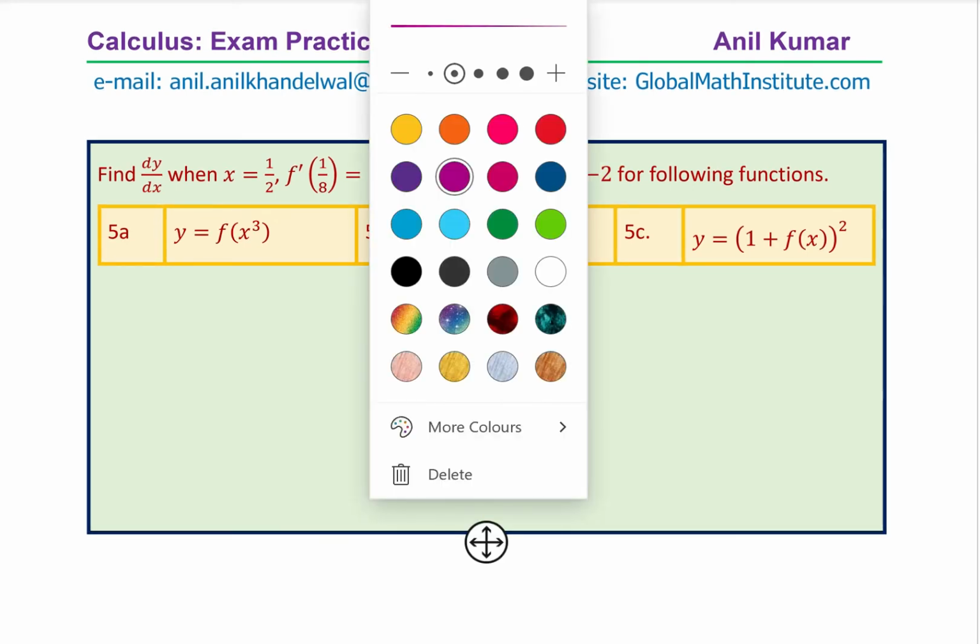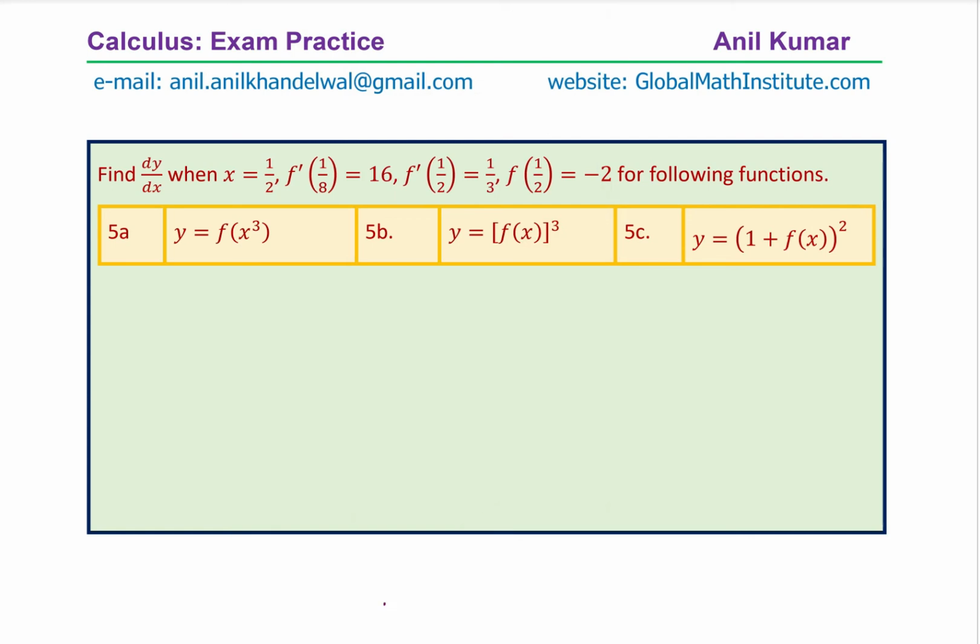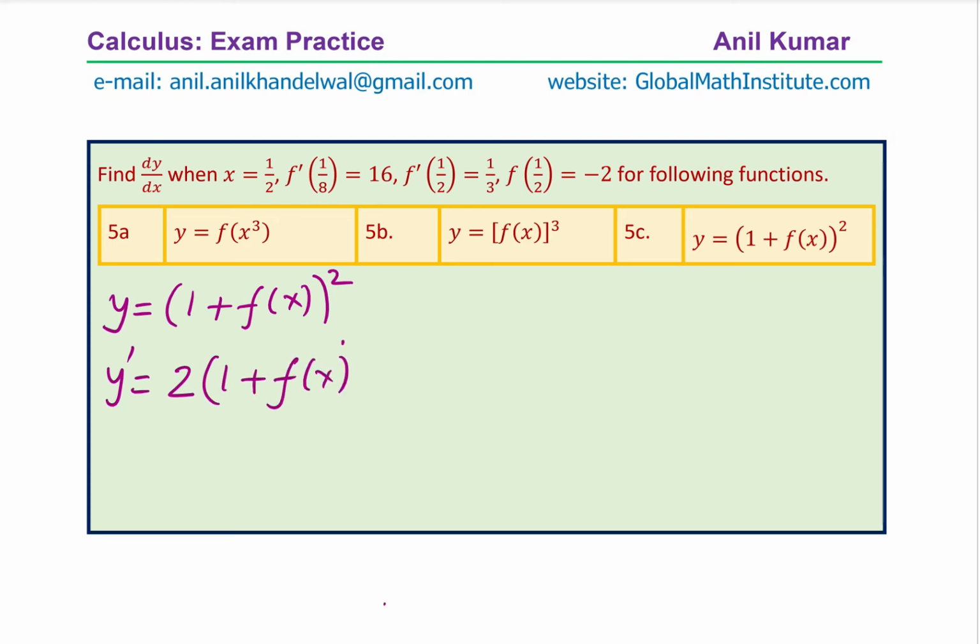Now let's take part C. Part C is y equals 1 plus f of x whole square, right? That is it. So when you find the derivative, you'll first apply the power rule. So we get 2 times 1 plus f of x, correct? Times the derivative of the inside function.